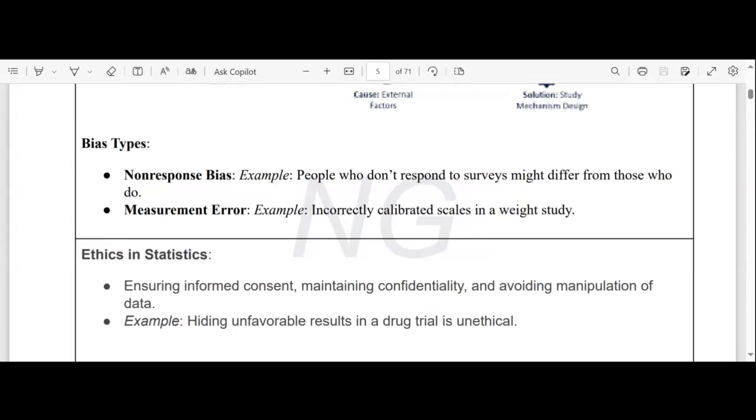Sometimes it's working fine and sometimes it doesn't. That will result in what? Incorrect results. And at the end it is going to be what? Measurement error. So to get, for example, the average of the weight, and you have a scale that is malfunctioning, meaning it's giving you wrong results, then the average weight for the entire class is going to be off. It's not going to be correct.